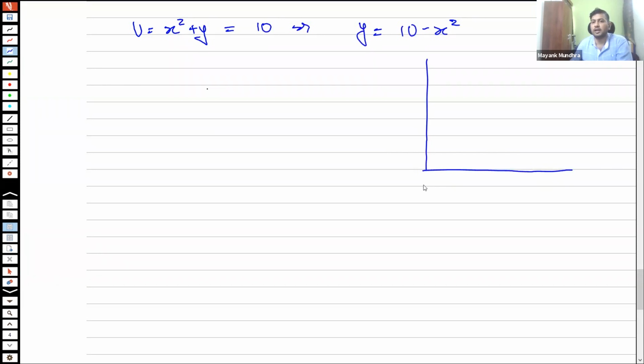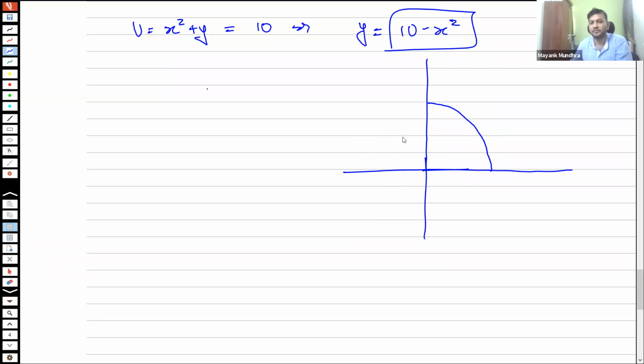Now, minus X square curve looks like this. Basically, you can derive the slope of this curve using X square curve. So X square curve looks like this. So minus X square curve looks like this. And 10 minus X square curve will look like this. I'm only interested in the negative X square part, so it will look like this.